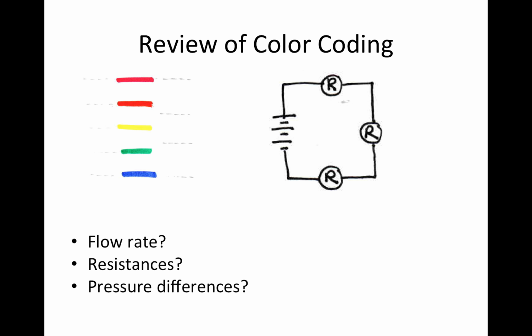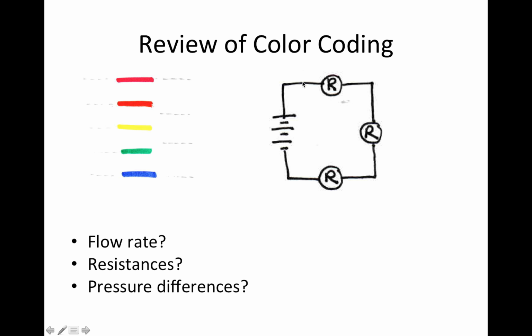Now what if you have a circuit that has only 3 light bulbs? Once again, the flow rate is the same everywhere because it's a series circuit. The resistances are all equal because the light bulbs are all the same. So from that, we can conclude that there must have been the same push through each light bulb, so we have to have equal pressure differences.